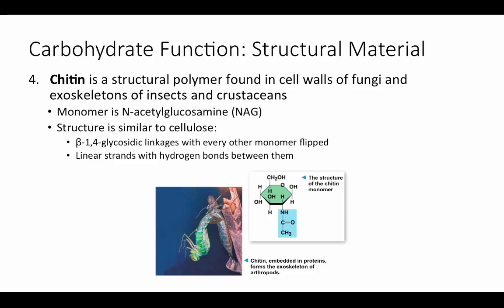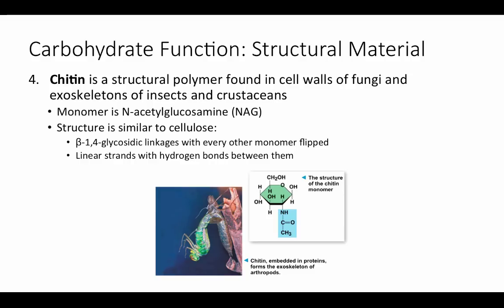Another structural material that we find in animals and fungi is called chitin. So chitin is a structural polymer. Its monomer is a substance called N-acetylglucosamine. Don't worry about memorizing that. And its structure is similar to cellulose in having those beta 1,4-glycosidic linkages that flips every other sugar.